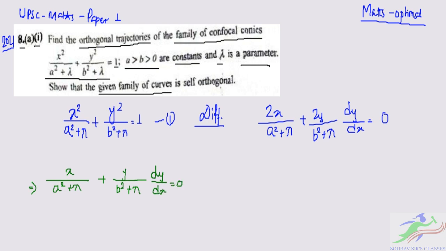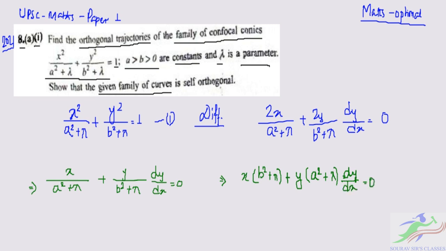If we arrange this, it is nothing but x of b square plus lambda plus y of a square plus lambda dy dx, this is equal to 0.